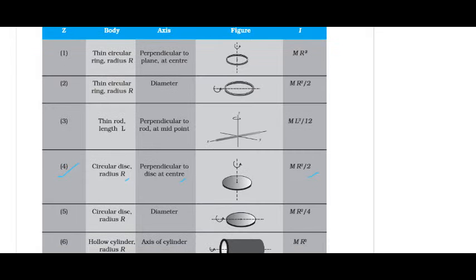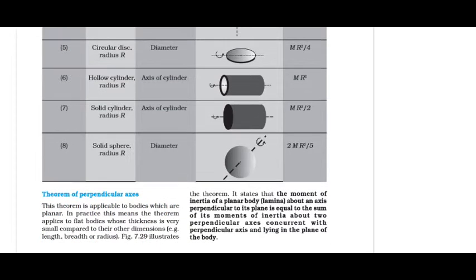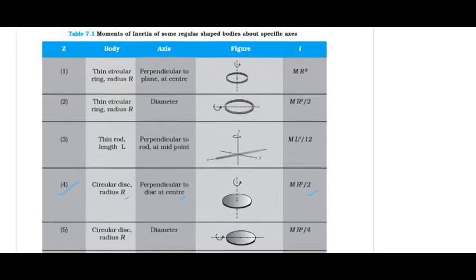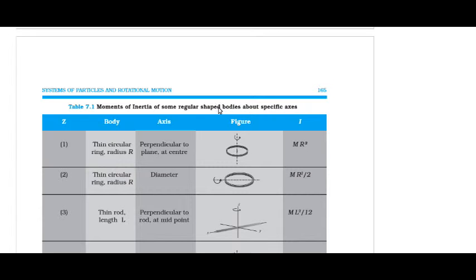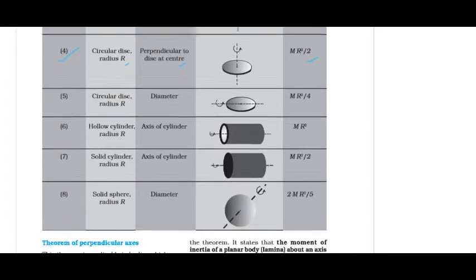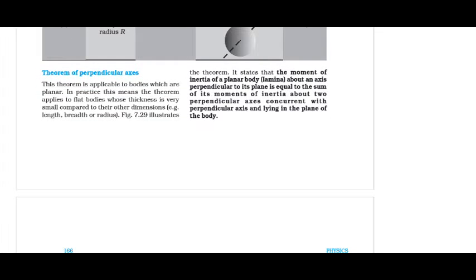This table is itself important. We have to remember this table because the moment of inertia of different bodies can be asked in numericals. So directly we will put the values in the numerical and solve the numerical.